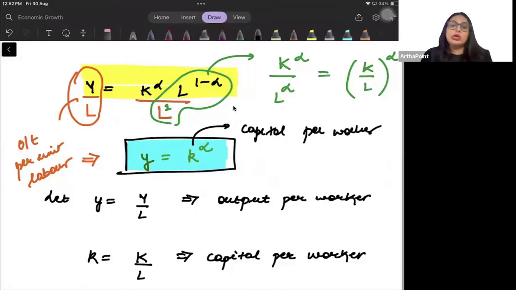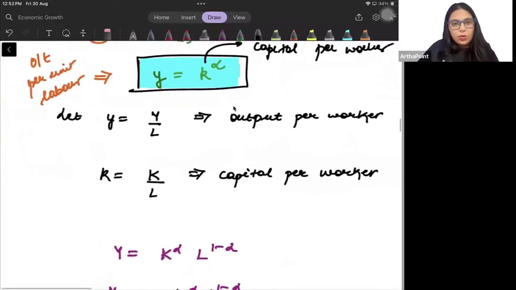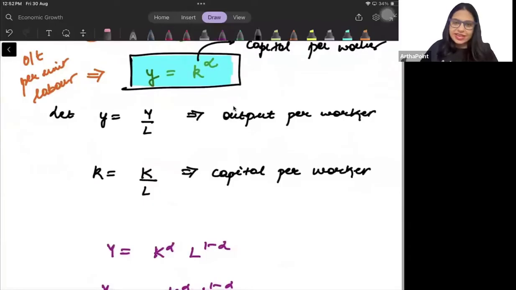So he rewrote this model, right? And how did he rewrite this model? He rewrote it so that now I just have two variables: one is small y, one is small k. Small y is output per capita, per unit of labor, and similarly, small k is capital per unit of labor.